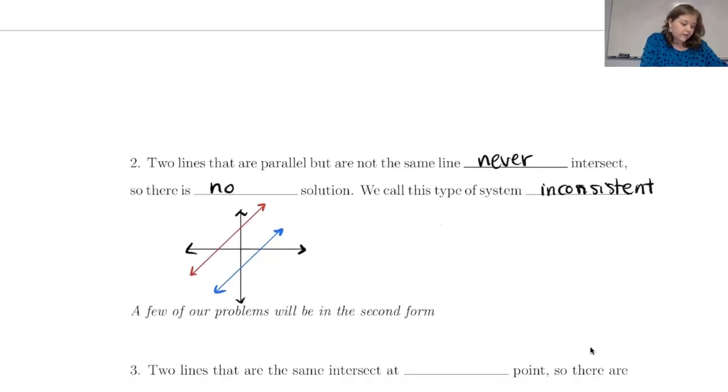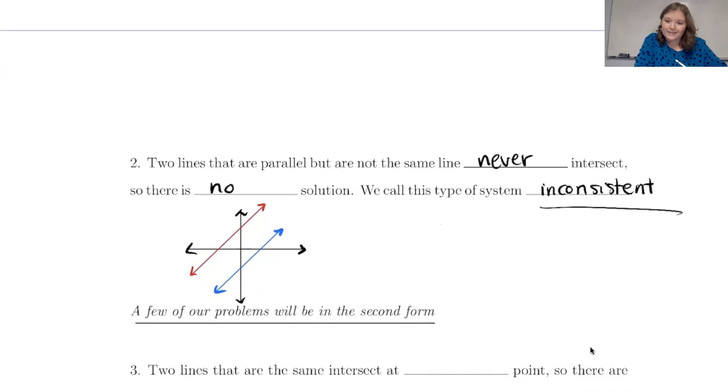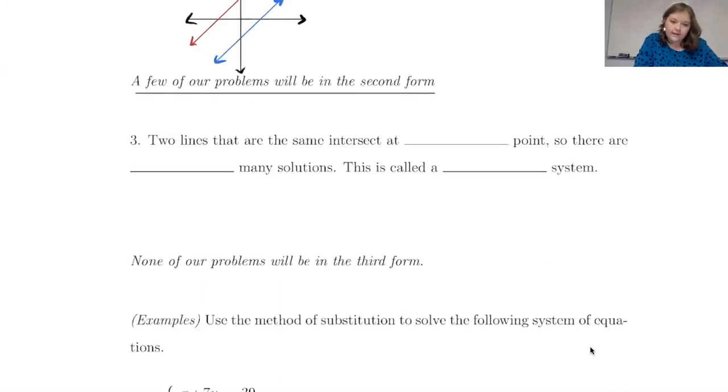Okay, so we will have just a few problems of this form on Hawks. So if you end up getting a problem where there's no solution, you would write or click a box that says inconsistent system.